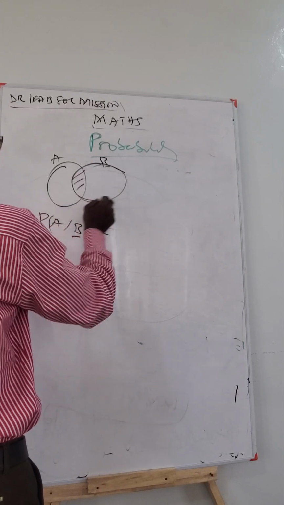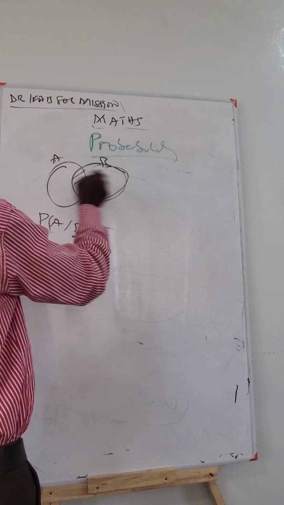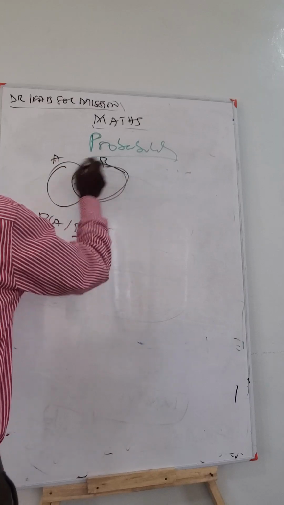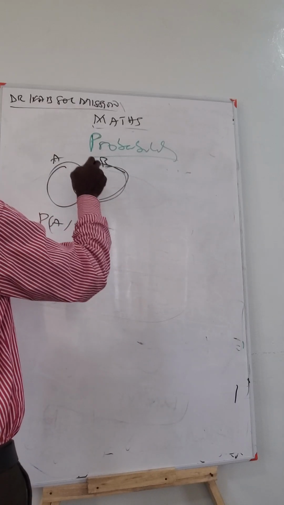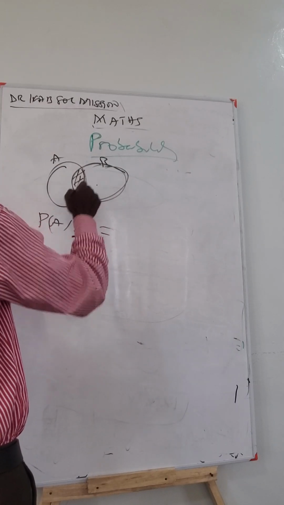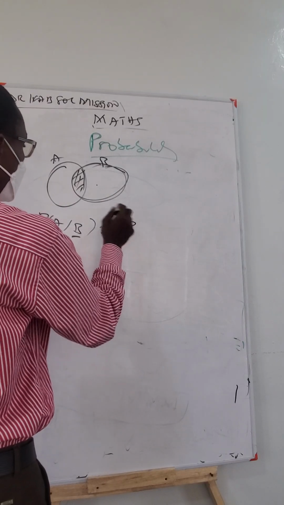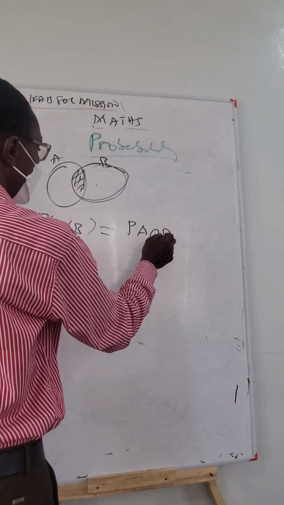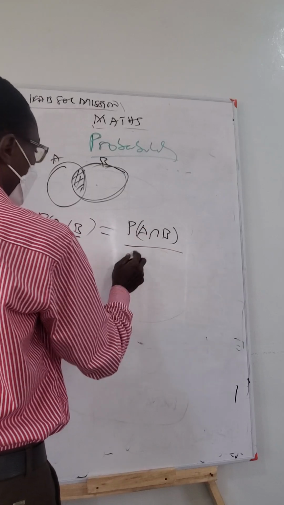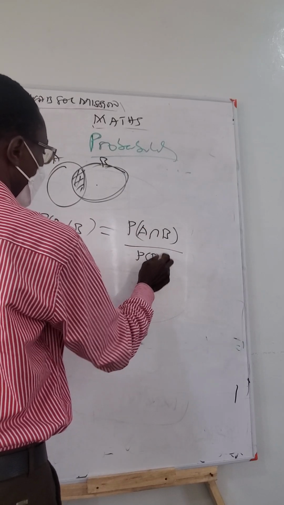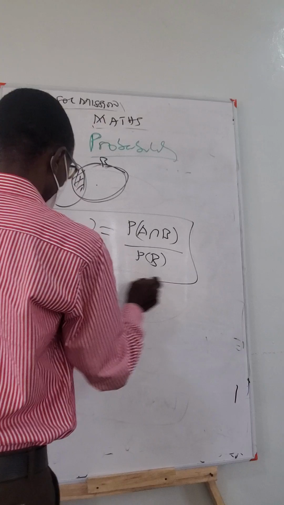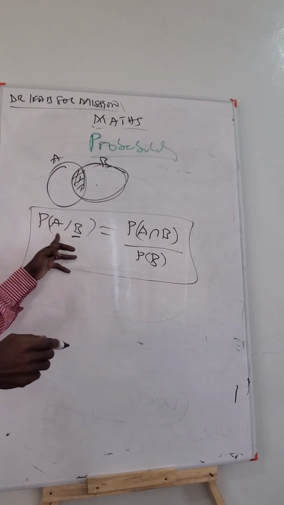When B has occurred, what is the probability of finding A in B? The only way, if B has occurred, the probability of finding A is this portion. So the probability of finding A will become the probability of A intersection B over the probability of B. That's the formula.